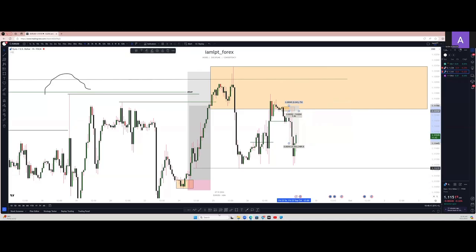And a sell side liquidity. Like I said, I'm still very bullish on this pair. So this was the second trade.